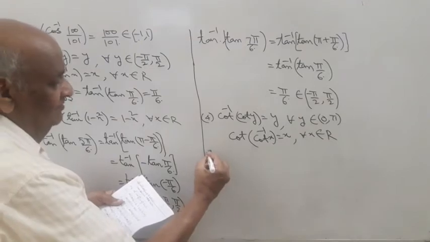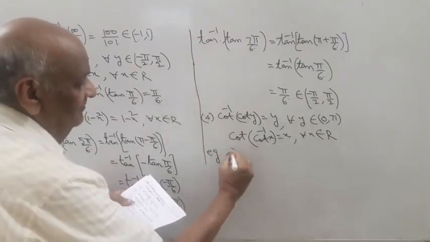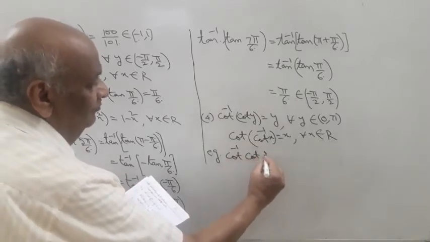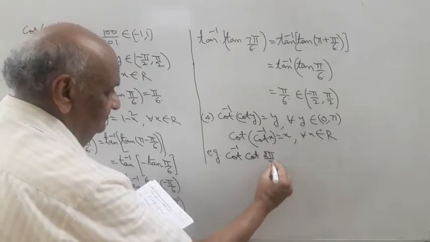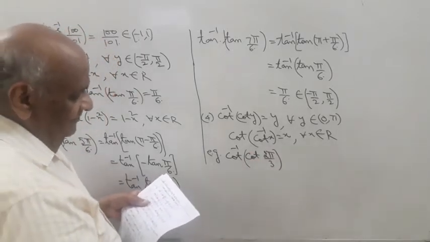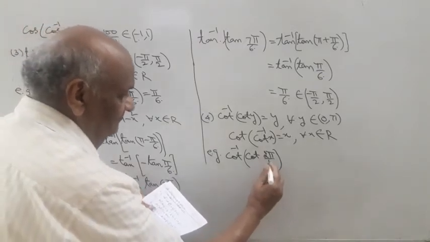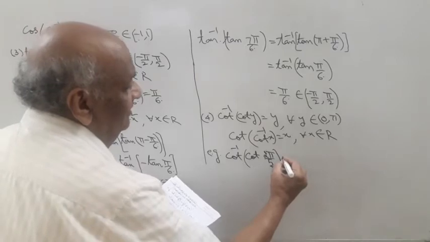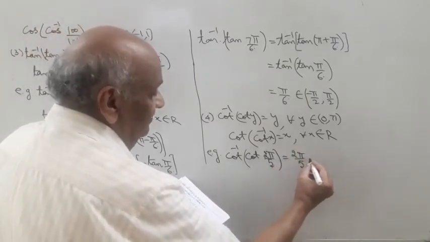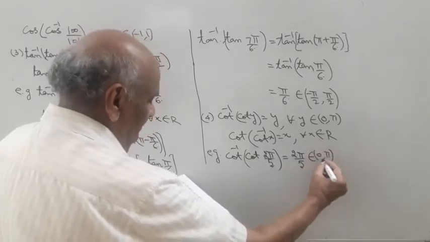Now for example, you can list here cot inverse of cot 2 pi by 5. You see it is just equal to 2 pi by 5. It's a member of 0 to pi open interval.